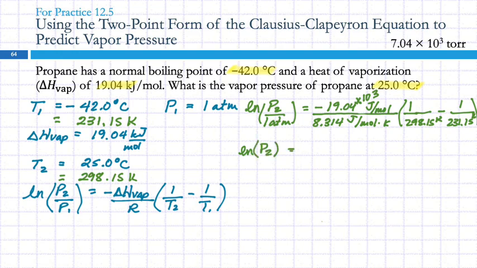And then the rest of this big old mess, 19.04 times 10 to the third, divided by 8.314 is going to be negative 2290.1, and that's going to have units of, not 1 over Kelvin, of Kelvin.